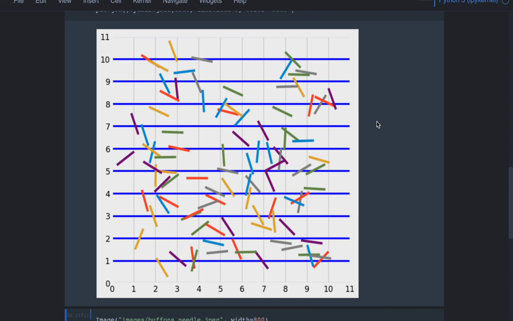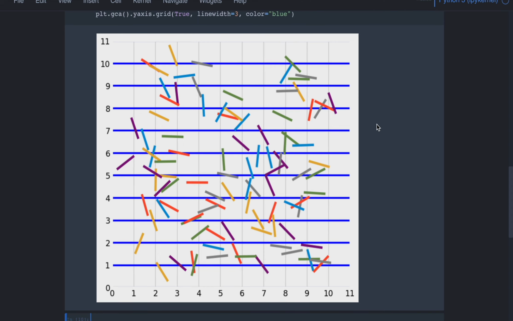The task is to find the probability that the needle will intersect one of the blue lines. It cannot touch two lines because the length is exactly the same, unless it falls at exactly a 90 degree angle, where it might touch both horizontal lines.